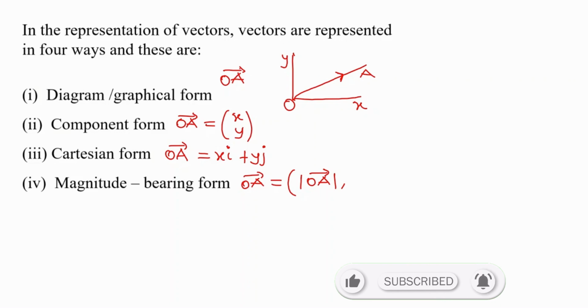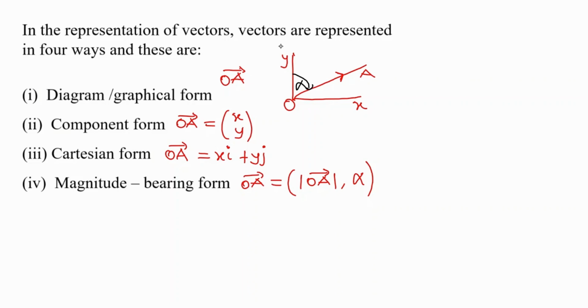To find the direction of the vector, you have to consider it from the positive y-axis in the clockwise direction to where the vector is. That is the positive y-axis to where the vector is. Now it becomes the direction of the vector. So with this vector, its direction is given out here as alpha. So this becomes the magnitude bearing form of the vector OA.